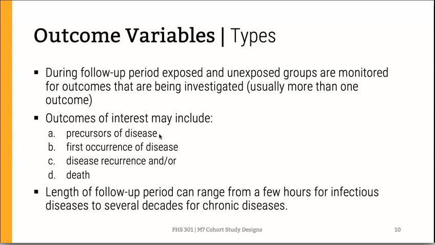It could be seeing if an individual develops hypertension, which is high blood pressure, a precursor for many other chronic diseases. They may want to measure the first occurrence of the disease, or the disease itself that they're investigating. Death is another option, so measuring mortality rates, which we've already talked about in a previous lecture.